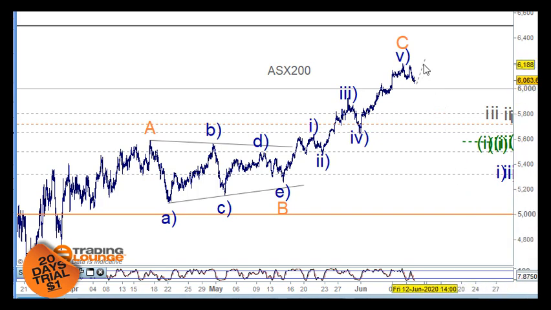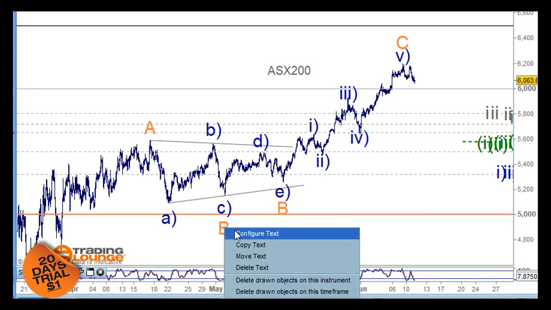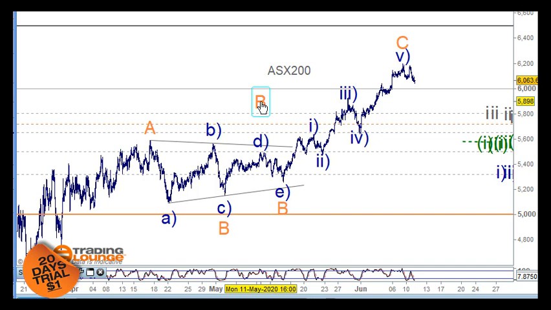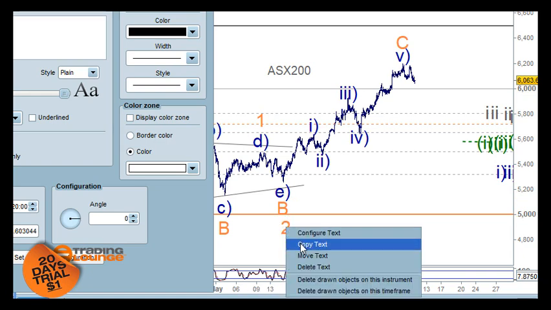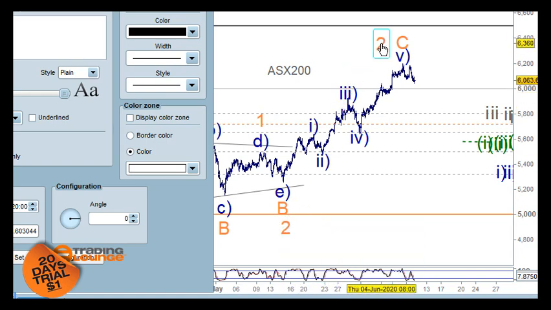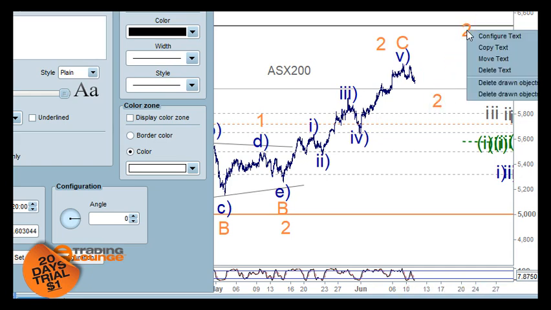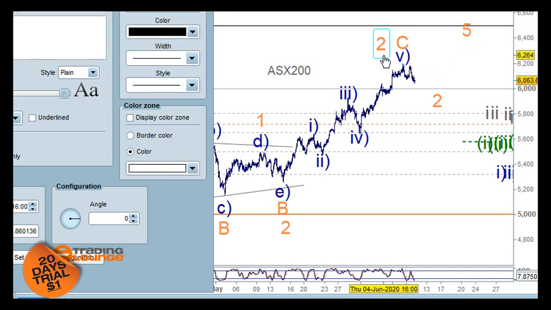So what I mean by that is that if we do get another high here, then what I will do is copy this, and I'll put wave B here, and then I will look at that wave D as wave 1, and this one here as wave 2, and then this one here as wave 3, and a larger wave 4 here, and then wave 5 to move up through to here in this case.